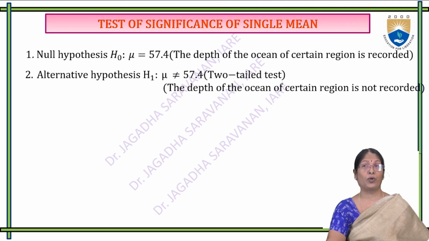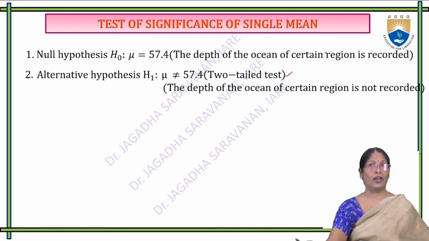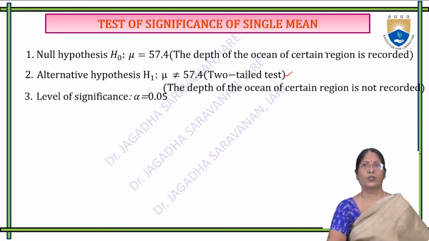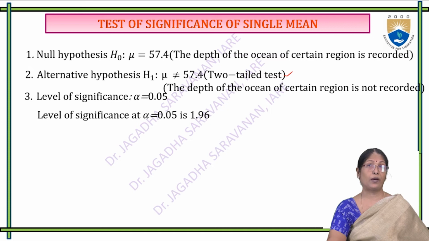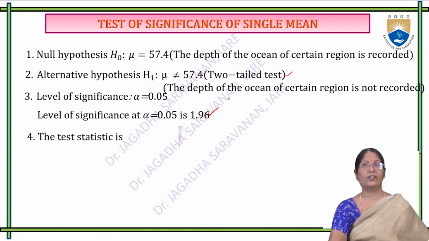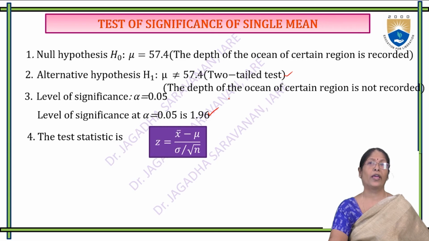That is, we are saying the recorded depth of the ocean in the certain region is not correct, so we take a two-tailed test. The level of significance is 0.05, and the tabulated value is 1.96.